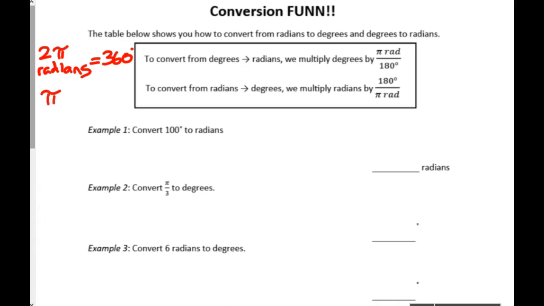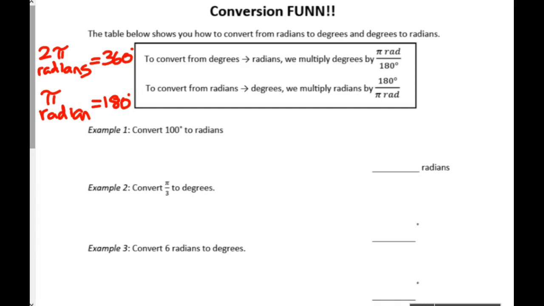And 1 pi radian equals 180 degrees. Just knowing that conversion is pretty much all you need to know to be able to do all these problems, okay? But I'm going to show you examples, so that way you know the different types of examples. There's going to be 3 different types you're going to see for sure, okay?